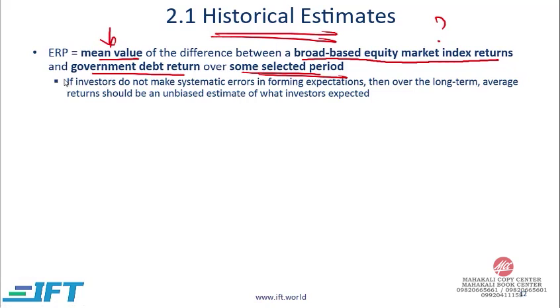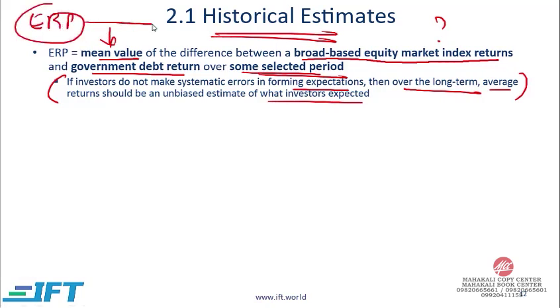Before we go into those issues, here is another general point. If investors do not make systematic errors in forming expectations, then over the long term, average returns should be an unbiased estimate of what investors expected. Now here is a critical point. If you recall the definition from the previous slide, when we talk about equity risk premium, this refers to a forward-looking premium.